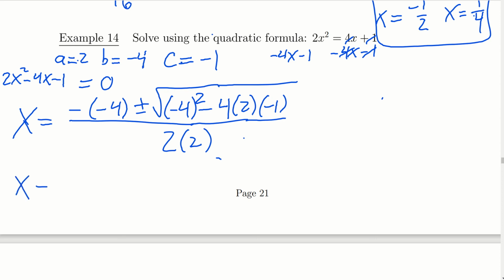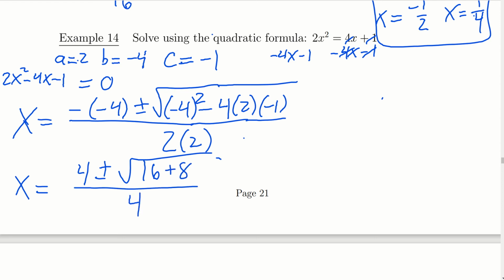From here, let's simplify. The opposite of negative 4 is positive 4. Plus or minus the square root of 4 squared is 16. Think of this as negative 4 times 2, which would be negative 8. But then a negative 8 times a negative 1 would give us a positive 8. All divided by 2 times 2, which is 4.